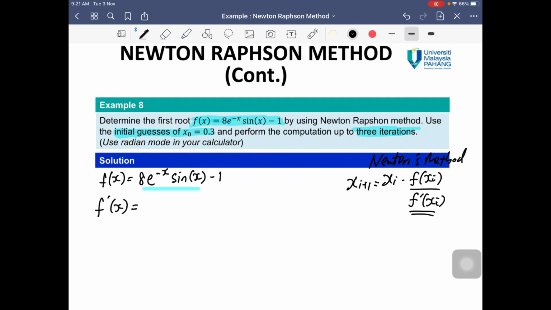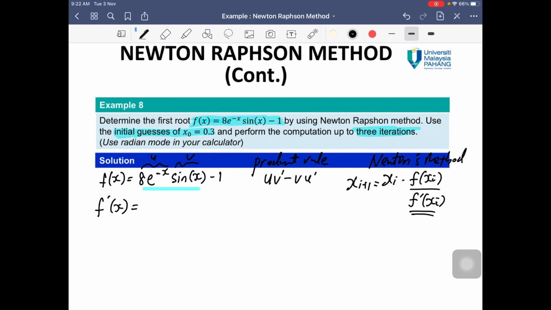So if you use the product rule, remember the product rule is u v' plus v u'. You can choose which one as your u, which one as your v, no problem. Let's say I choose this as my u and this as my v.